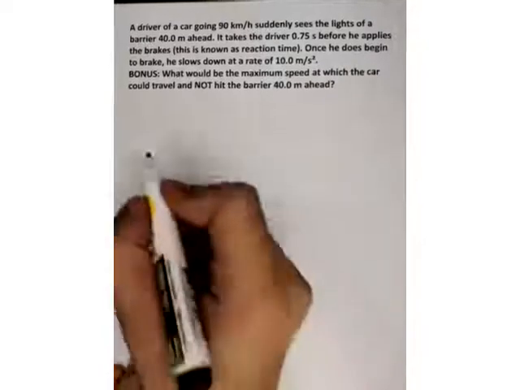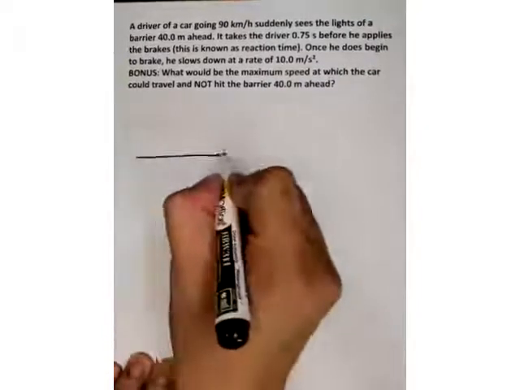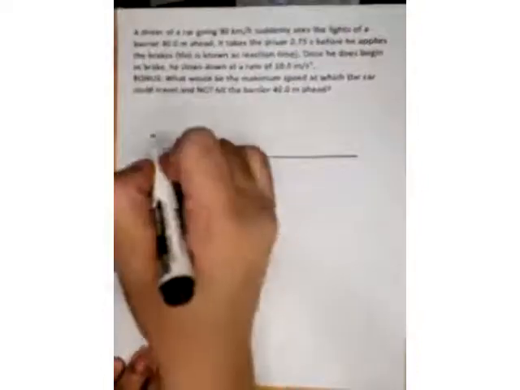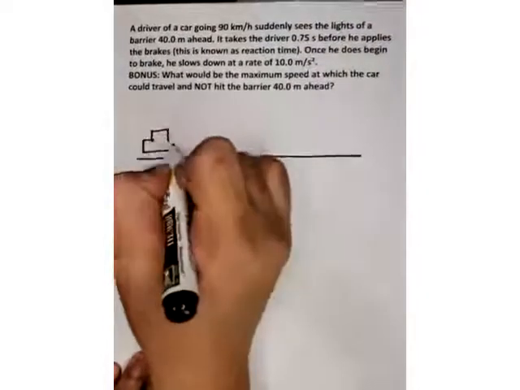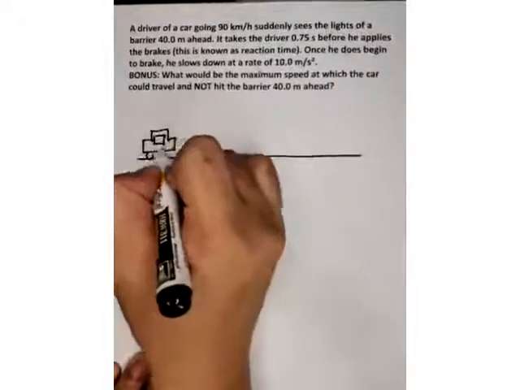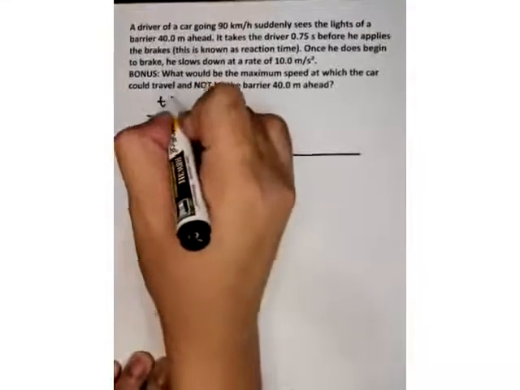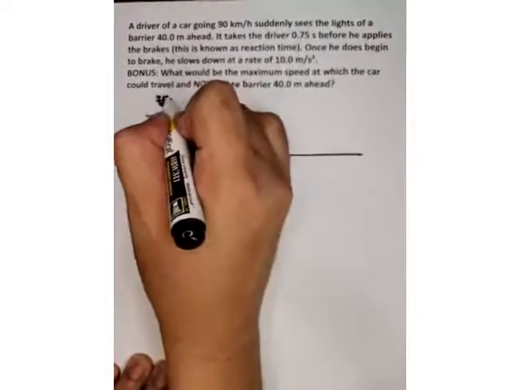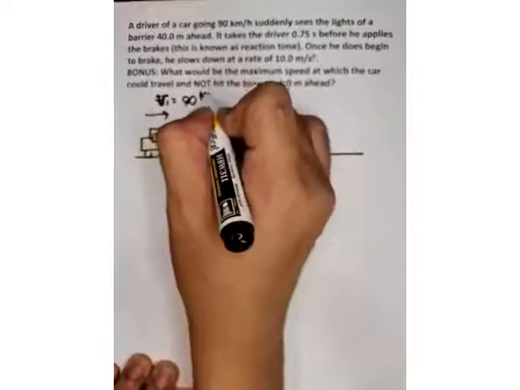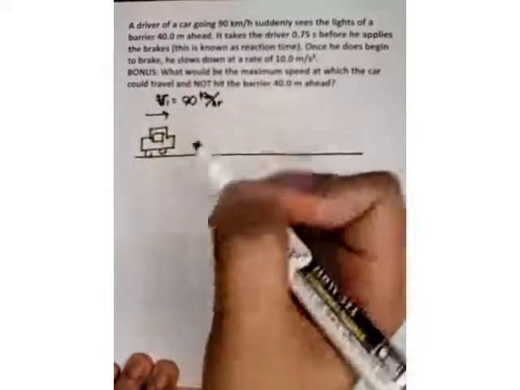Okay. A driver of a car going 90 kilometers per hour suddenly sees the lights of a barrier 400 meters ahead. Okay. So, if you will draw the figure, this is the car. And the car is initially moving at 90 kilometers per hour.